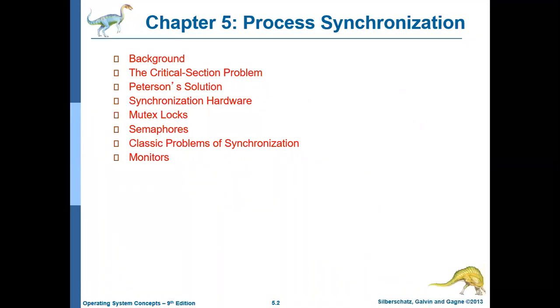We'll be discussing some software based solutions like mutex locks, semaphores, and we'll be discussing a few classical problems on synchronization, and we'll be ending the topic with an introduction to a concept called monitors, which is also a solution to the critical section problem.